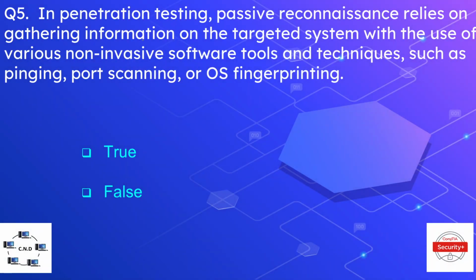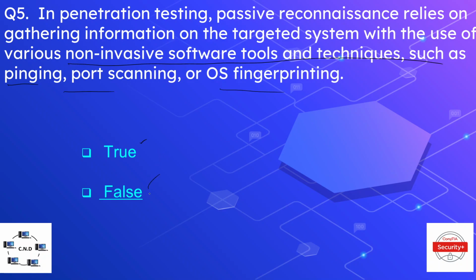Question number five is that in penetration testing, passive reconnaissance relies on gathering information on the targeted system with the use of various non-invasive software tools and techniques such as pinging, port scanning, or OS fingerprinting. We have to choose whether this statement is true or false.